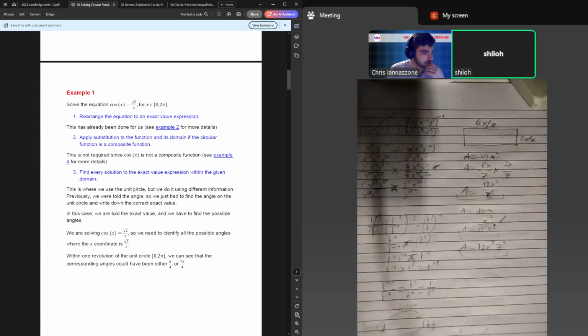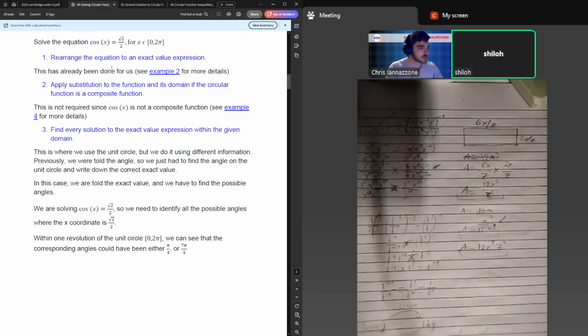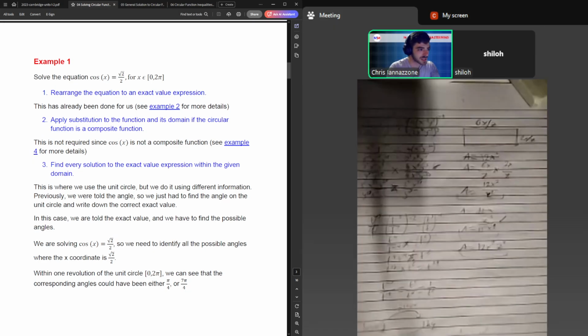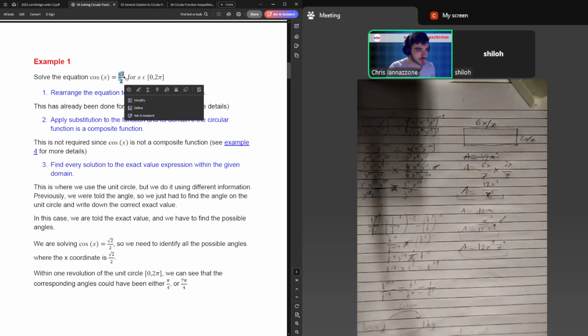So the very bare bones basics version of that is, as you see here, in example 1 on the screen share. You have a circular function equals some exact value for some specific domain. The only unknown is trapped inside the brackets of the circular function. When you have that specific circumstance, that's when you follow these steps.